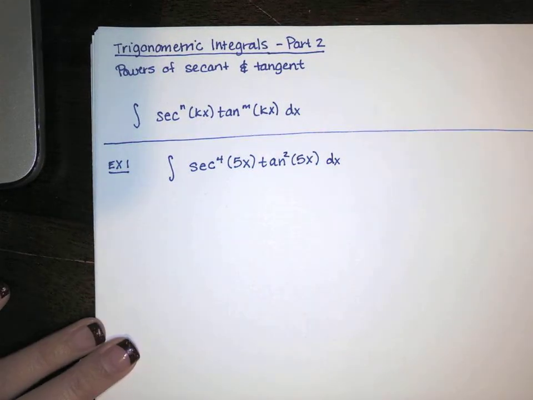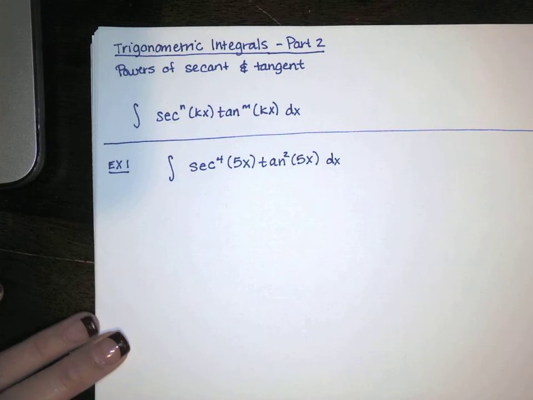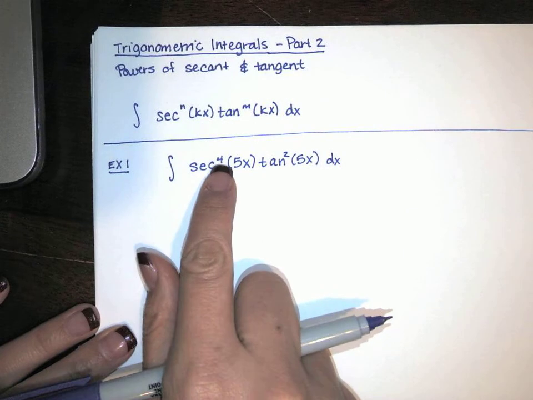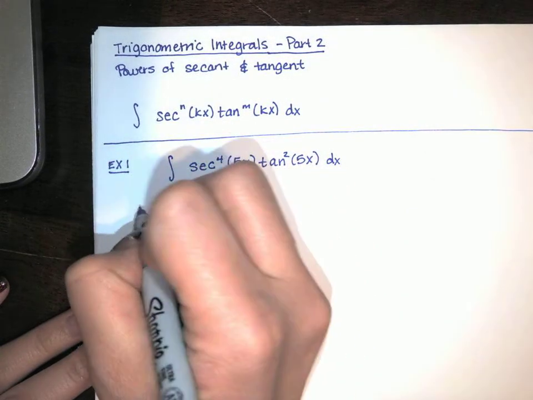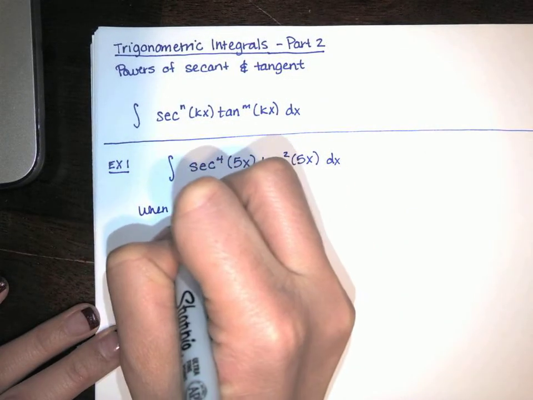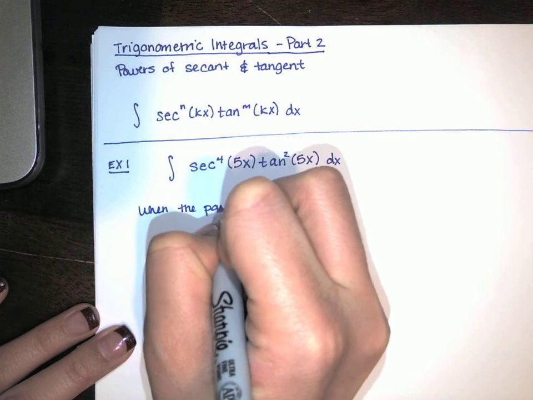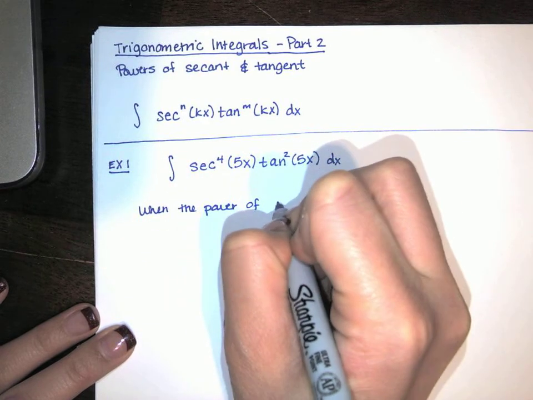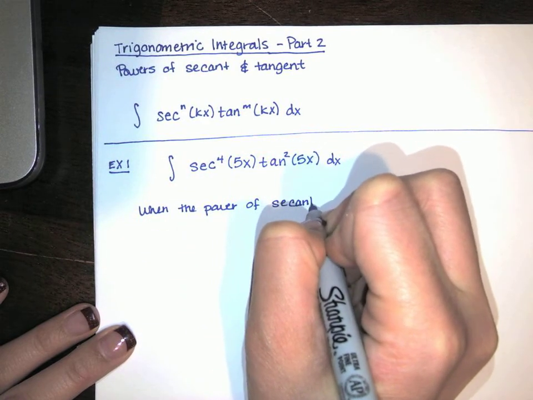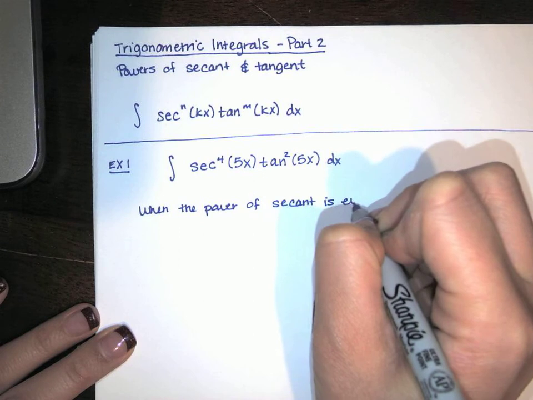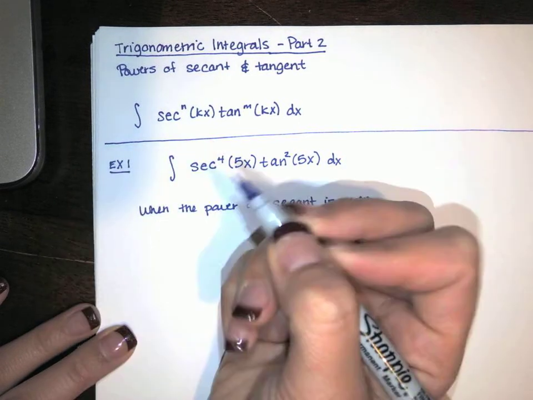All right. Now remember, the derivative of tangent is secant squared. So when the power of secant is even, we can use this guideline.